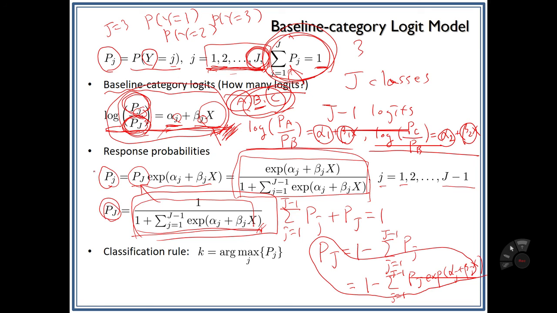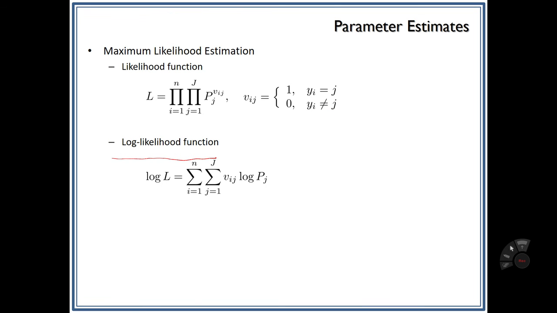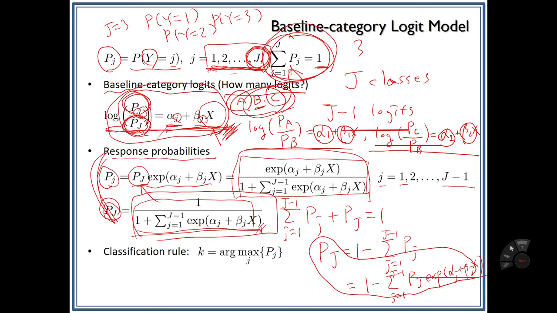So from these two equations, we can define response probabilities for all of the classes, which means that we can still use maximum likelihood estimation to estimate all of these regression coefficients.